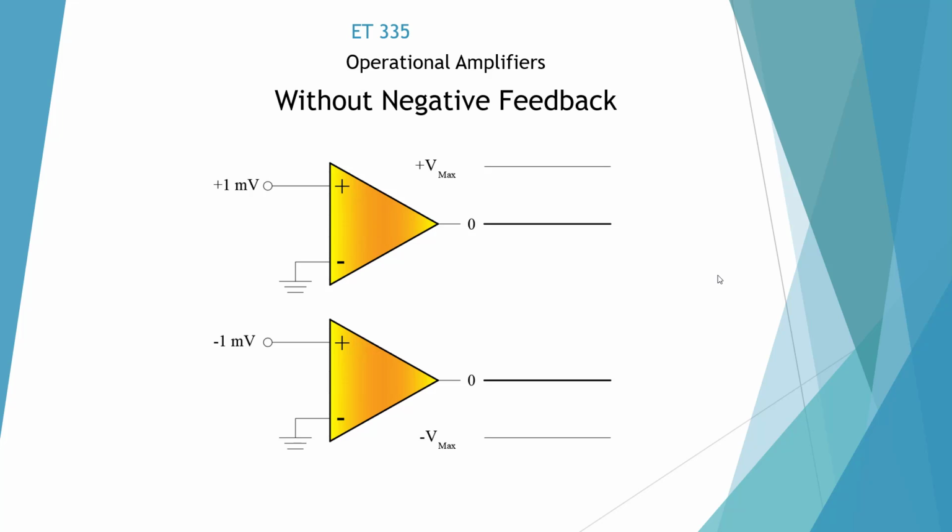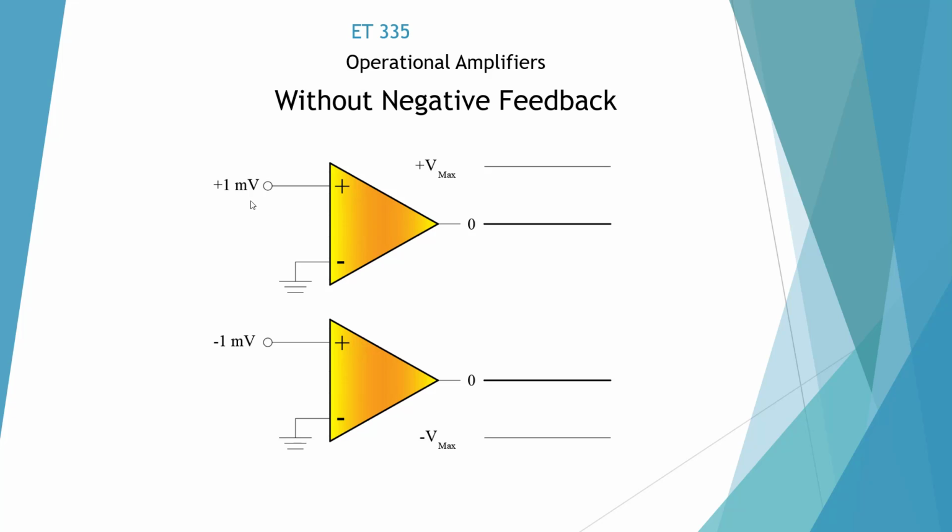Here's another view of our single-ended. Without negative feedback, which I'll cover in a little bit, these devices work as a comparator. No matter how small a signal we put in here, since we have infinite gain, it is going to multiply it to such a large value that it can't be used other than as a comparator.